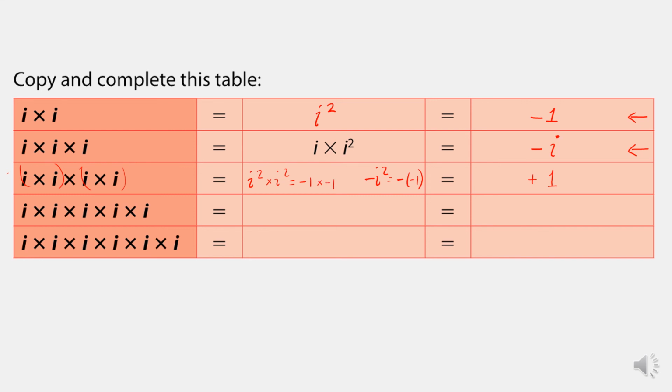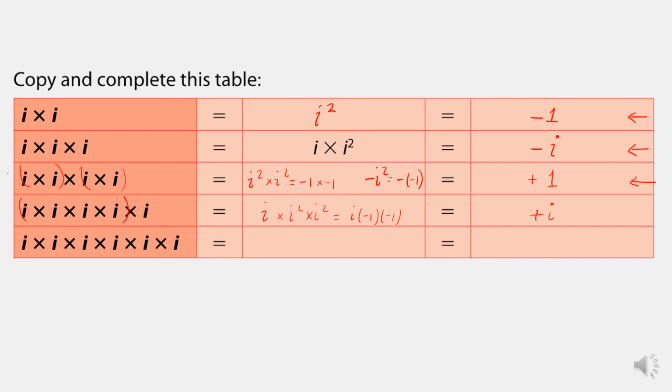Now moving on down, each time you have what came before by an additional i. So multiplying my plus 1 by an additional i gets plus i. How would you write that? It's like i times i squared times i squared, so an additional i there, or it's i times minus 1 times minus 1.